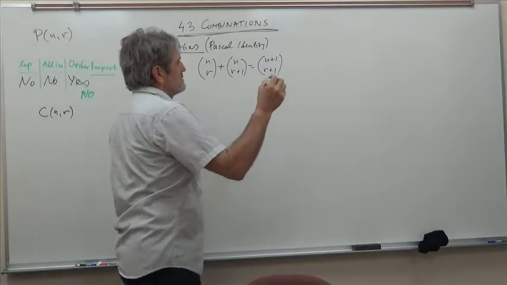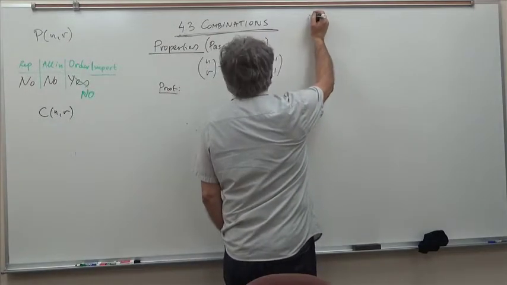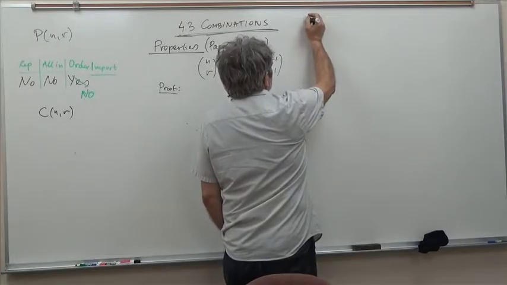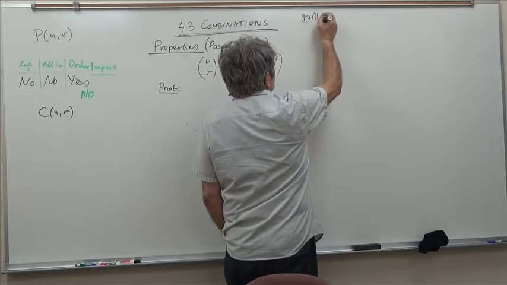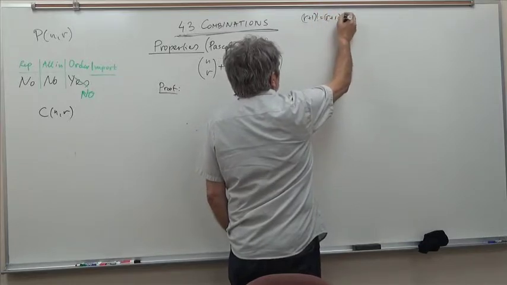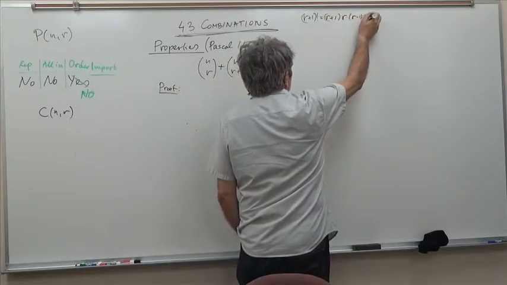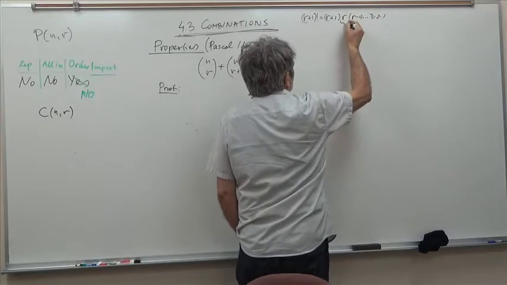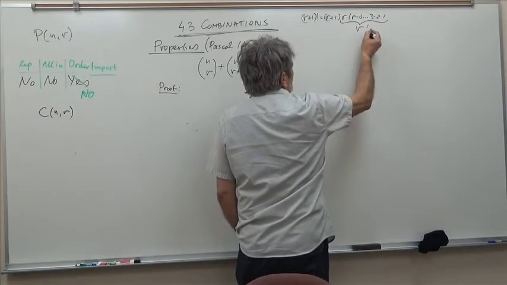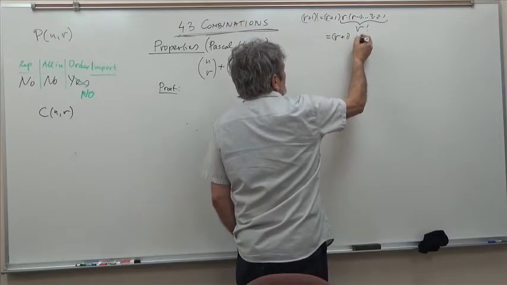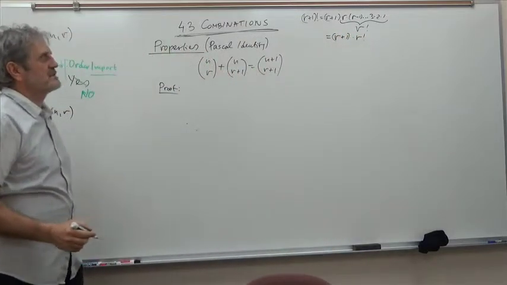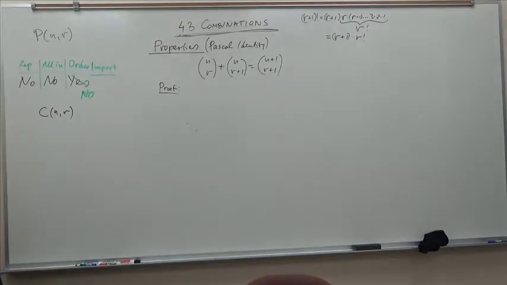The crucial idea is something that I mentioned in the previous section: if I have r plus 1 factorial, that's r plus 1 times r times r minus 1, down to 3, 2, 1. But this is actually r factorial. So r plus 1 factorial can be written by pulling out one factor, and all the others are still boxed in that construction.